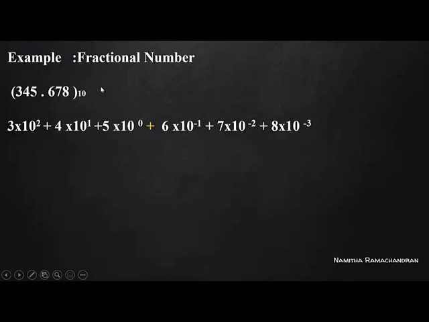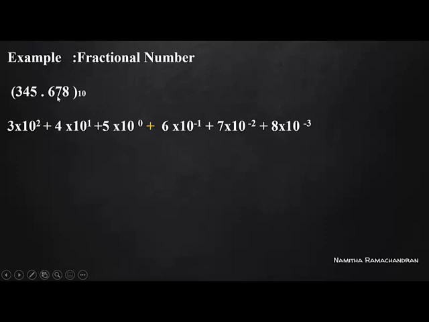Then after the decimal point, we need to calculate the value of the fractional part also. How? 6 is present just after the decimal point. Its positional value is 6 by 10, or 0.6. Here it is represented as 6 into 10 to the power minus 1, which is 6 by 10, that is 0.6.